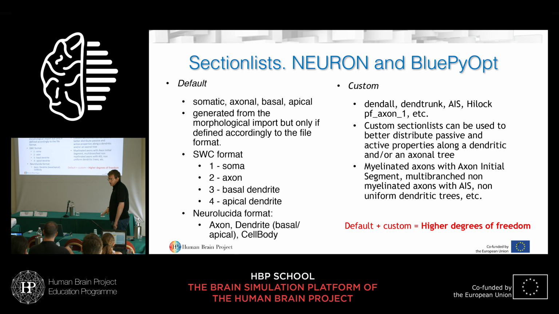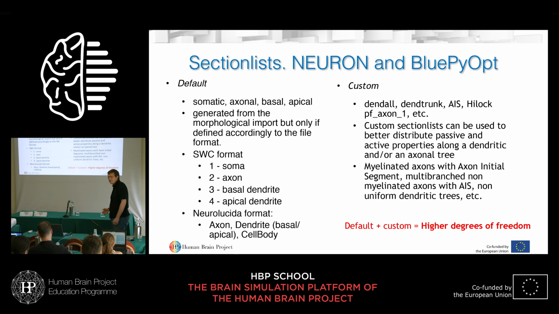This is in accordance with the type of morphology. So if the morphology is, for example, in SWC format, which is the most common in the end, I have to set 1 for the soma, 2 for the axon, 3 for the basal dendrites, and 4 for the apical dendrites.